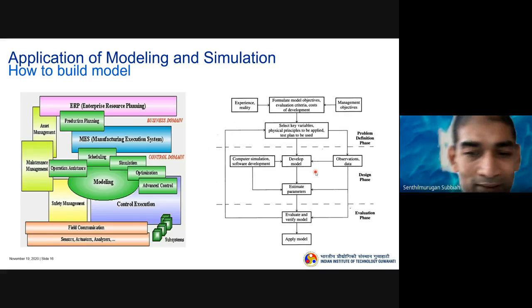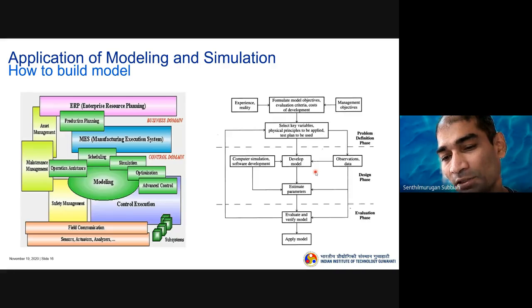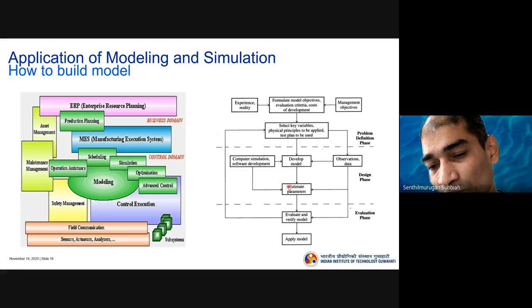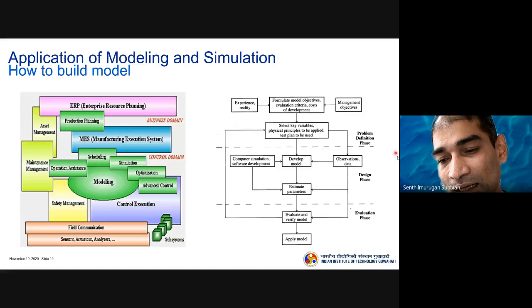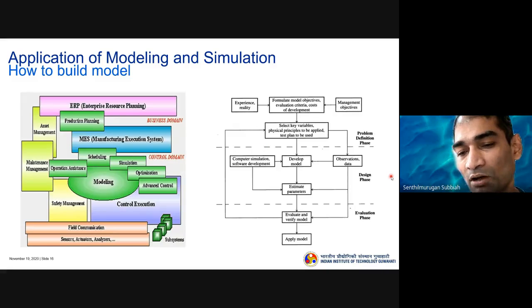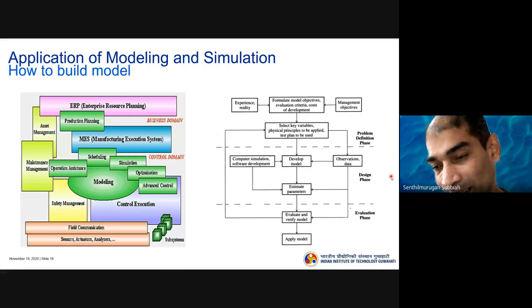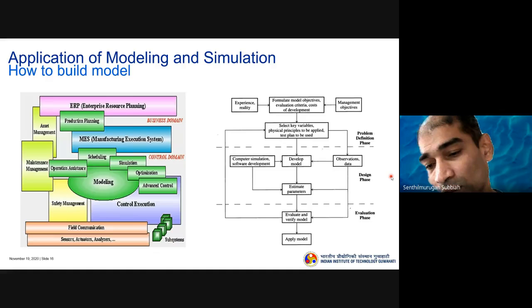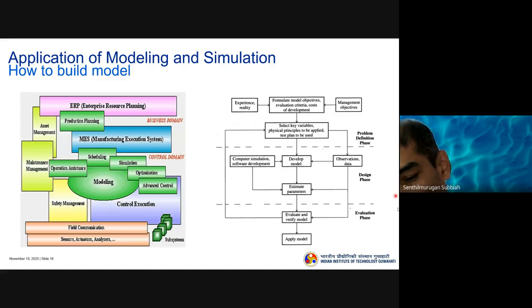Any model we assume has some parameters which help us match the model output with the actual plant output. We estimate those parameters, and that means the model is capable of predicting the actual plant performance or actual process. That's where we call it the validation of the model.